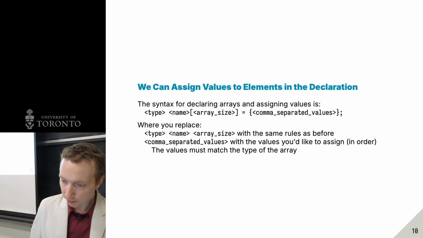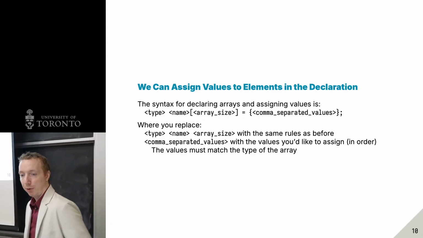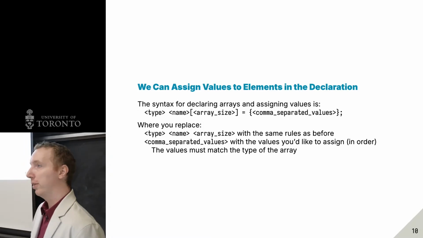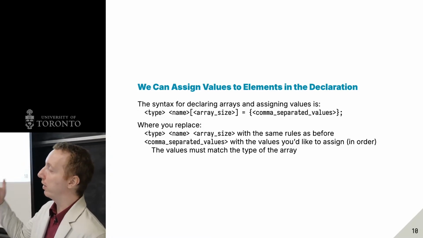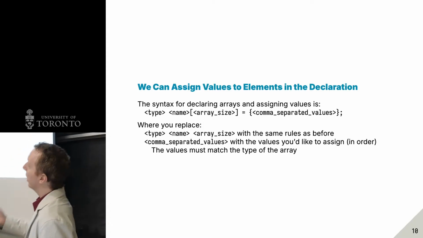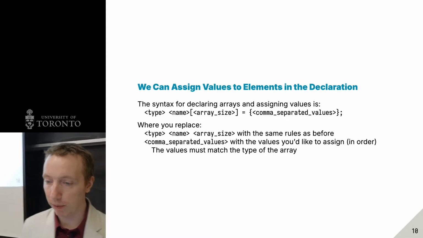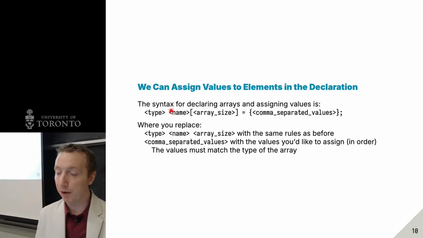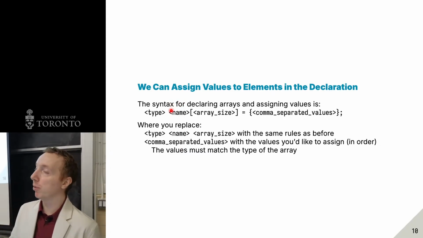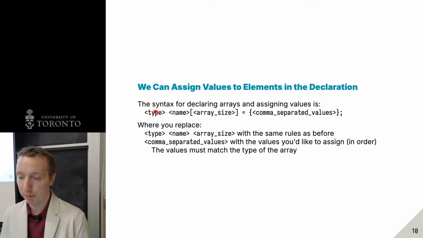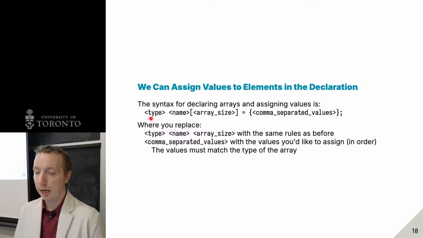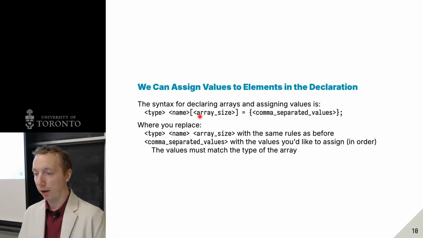So another thing I can do as a shorthand is assign values to elements in the declaration, like before when I could combine declaring a variable with assigning to it. I can do the same thing with an array. The syntax for declaring and assigning values is a little bit different because I might be assigning multiple values based off how many elements are in my array. Like before, we have the type, the name, and the array size in square brackets for the declaration.